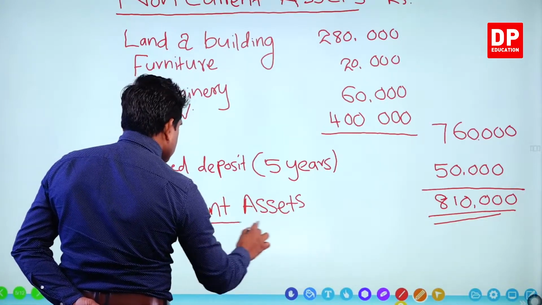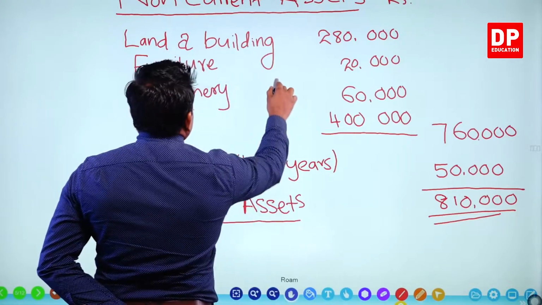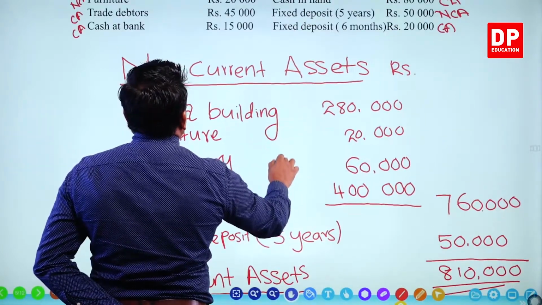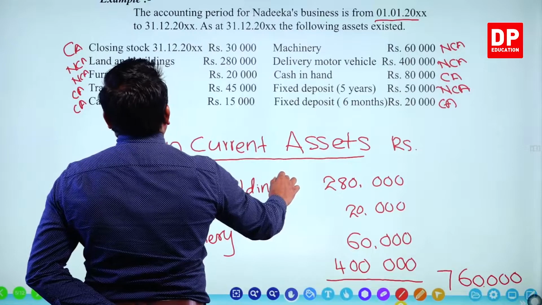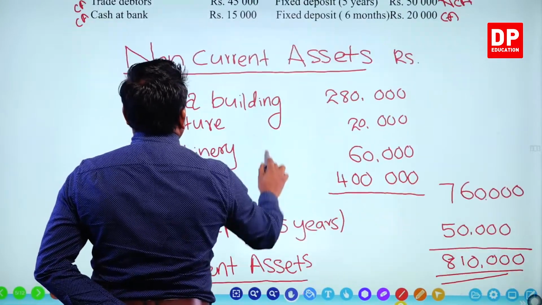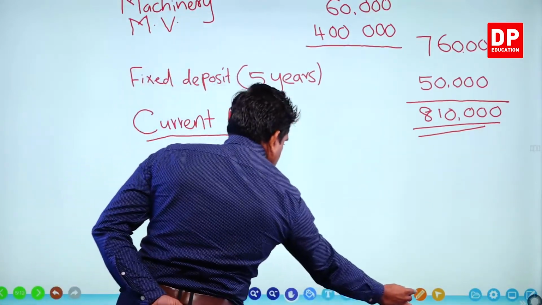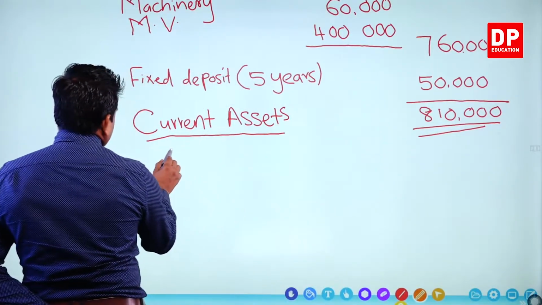All right. Then you can see here, first one, closing stock 30,000, right? Closing stock 30,000.